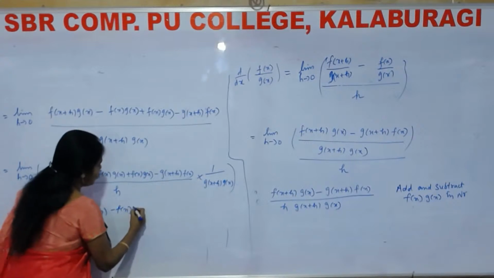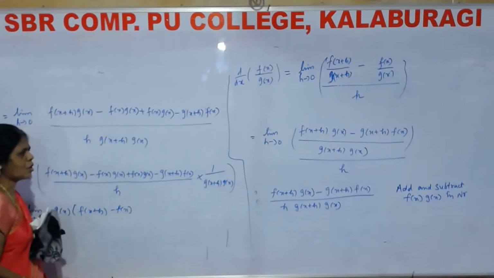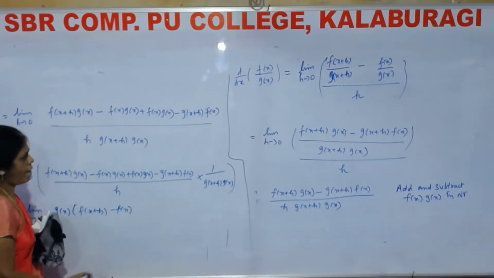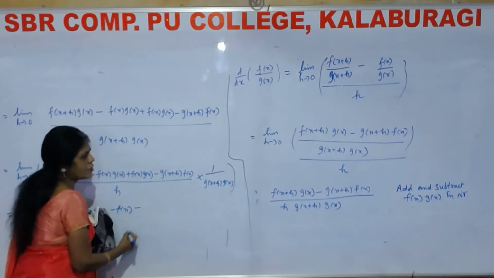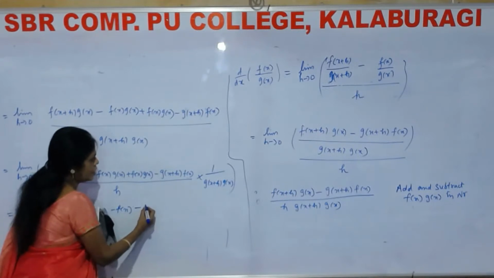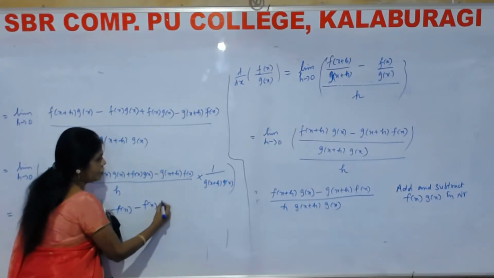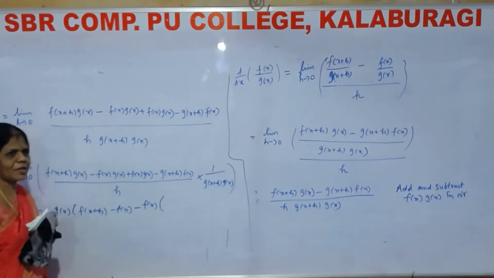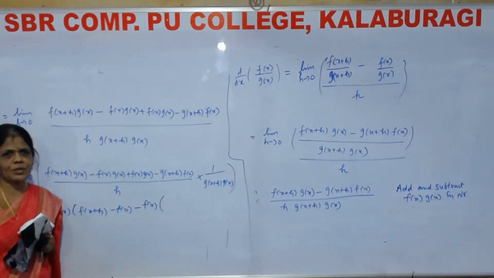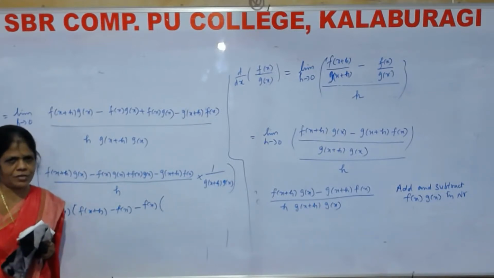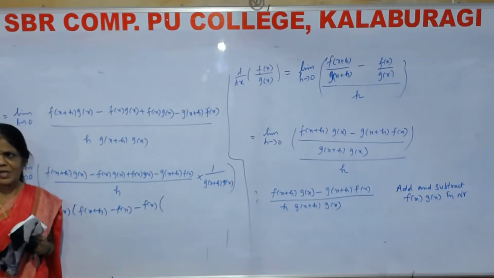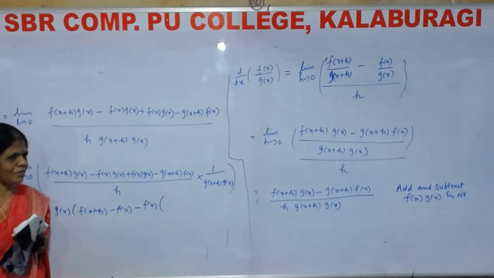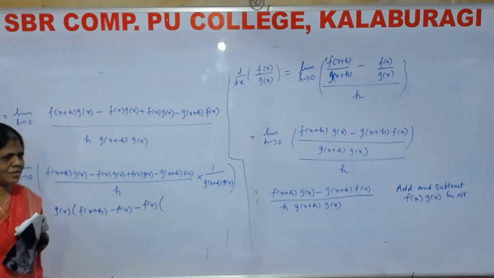Some people are having doubt. Okay, from this what will I take in common? f of x. Shall I take minus f of x? Why? I want to put g of x plus h first. Any doubt in this? A bit complicated, is it so? Yes? Tell me.